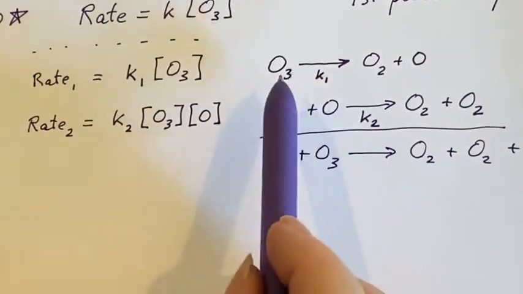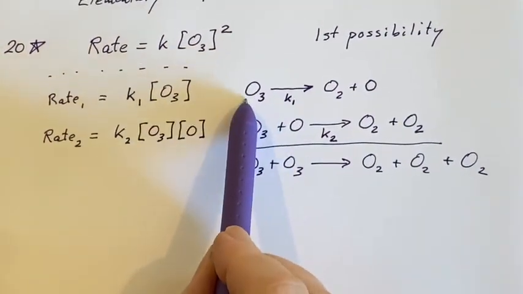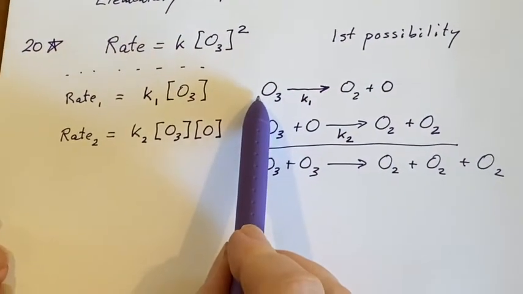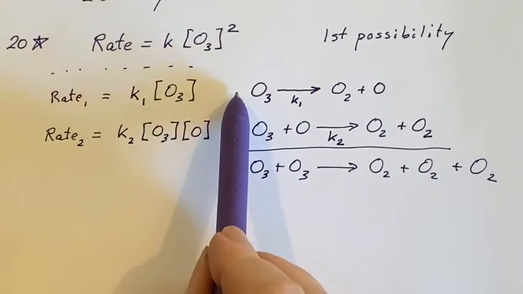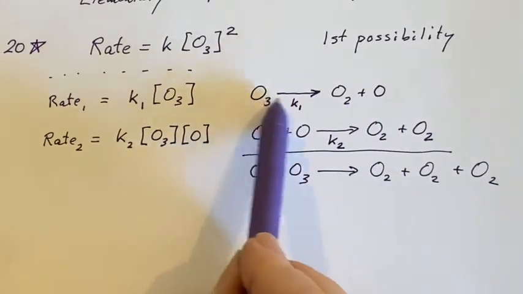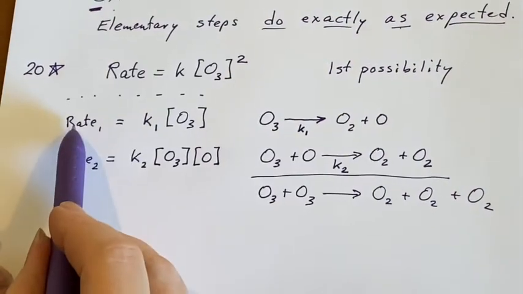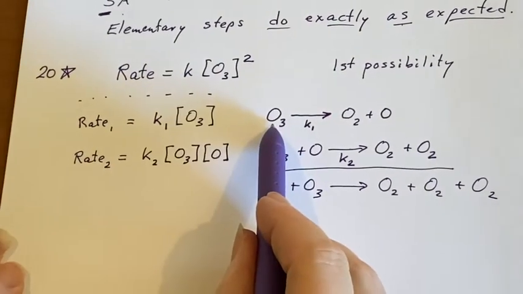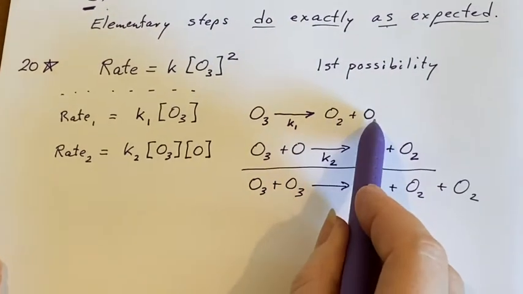But remember what we said about rates before. We could relate this rate to that rate to that rate, because when this was going down, this is going up. This is also going up. And because they all have a coefficient of 1, it's all the same number. The reaction rate is going to be the same no matter whether we're talking about O3, which would be decreasing, or either of these, where it will be increasing.